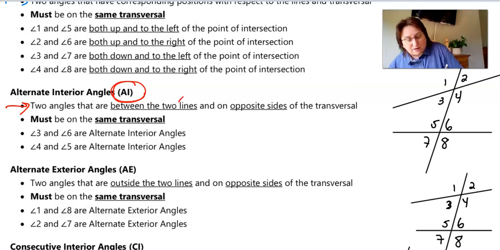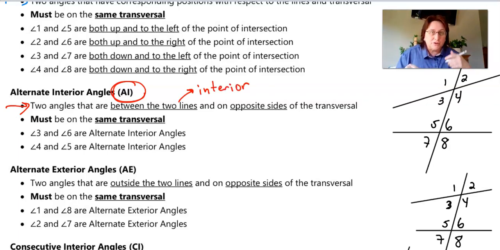If they're between the lines, that means they're on the interior, hence the name alternate interior. And if they're on opposite sides, it means that they alternate across the transversal. Get it? Alternate interior. That's where the name comes from. So we're talking about angles that are on the interior, but they alternate across the transversal.